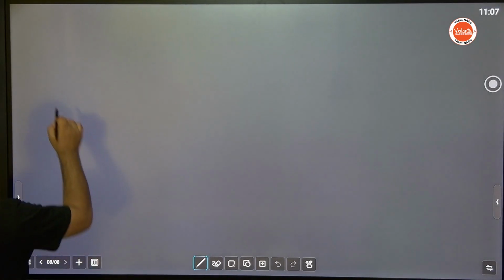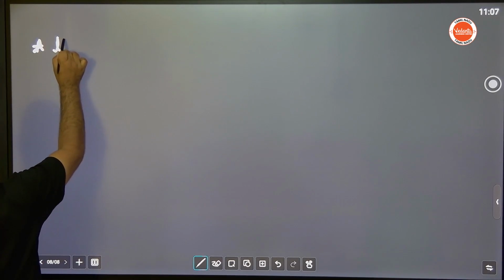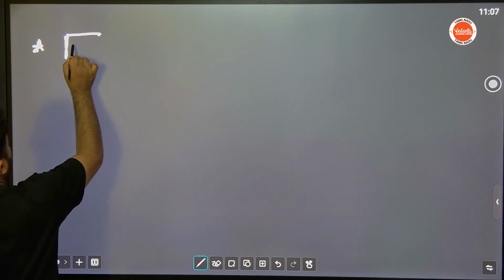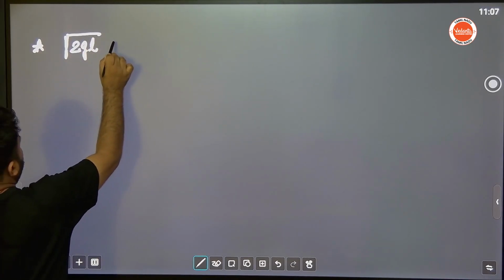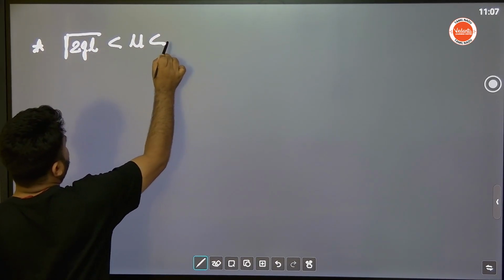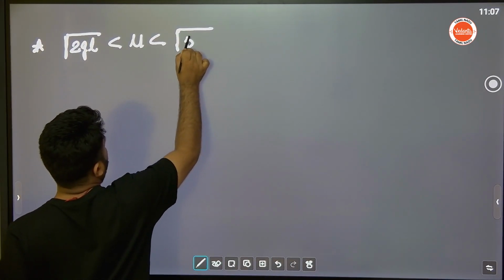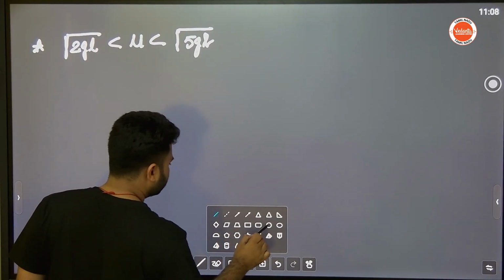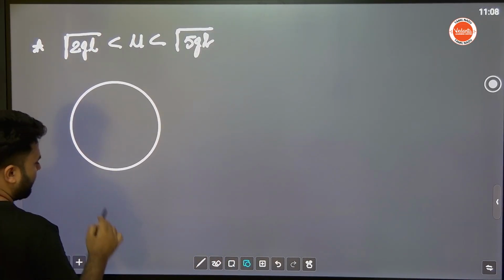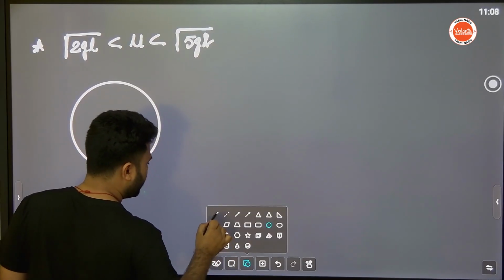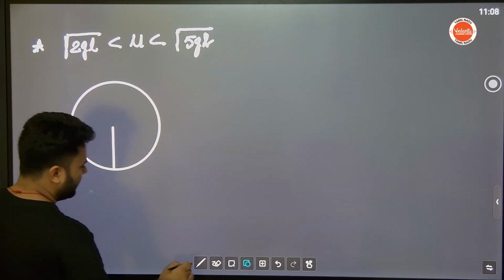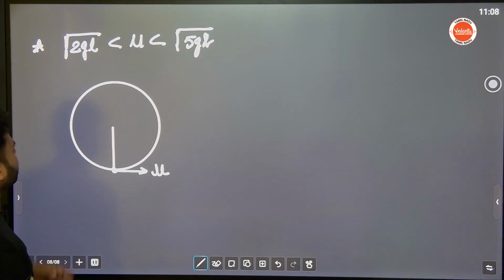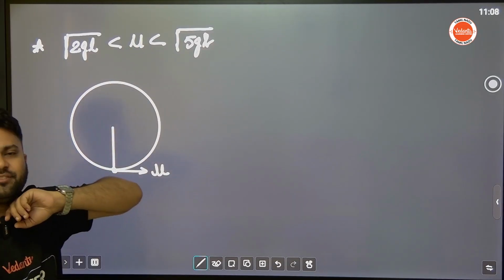Now, what if the speed you give is greater than root 2 GL but less than root 5 GL? What will happen? I am saying here, at the bottom you give some speed which is greater than root 2 GL but less than root 5 GL.